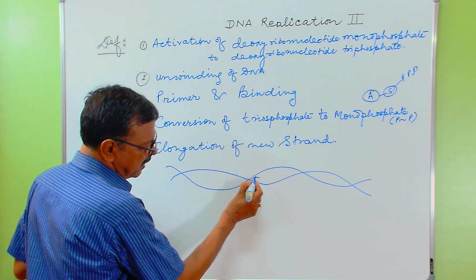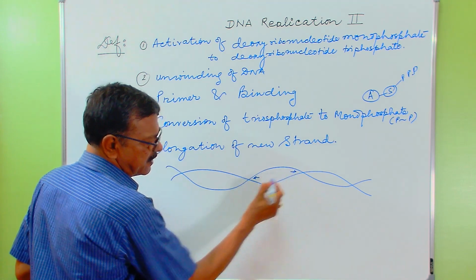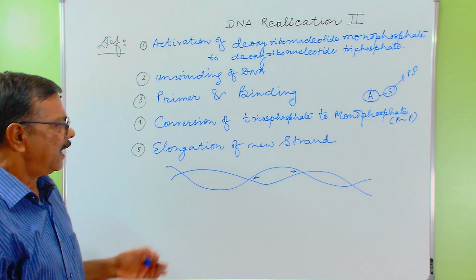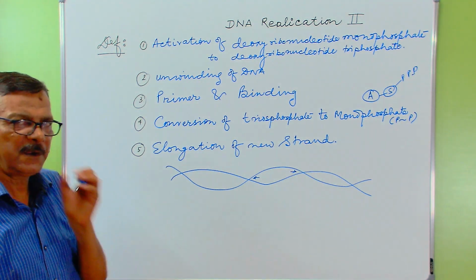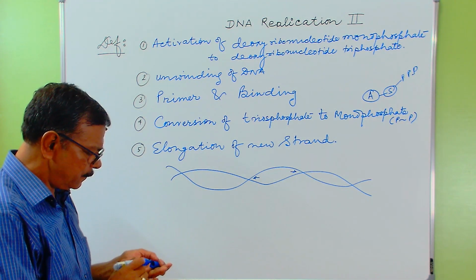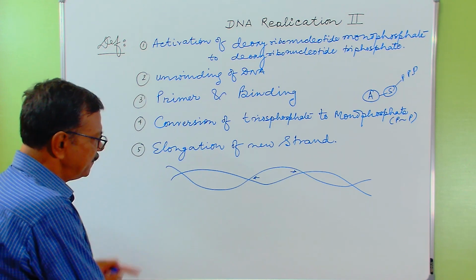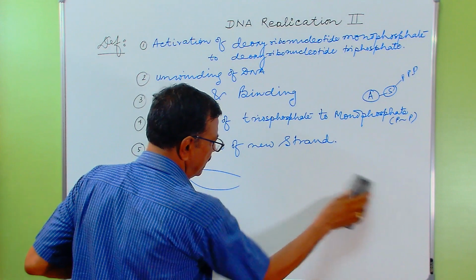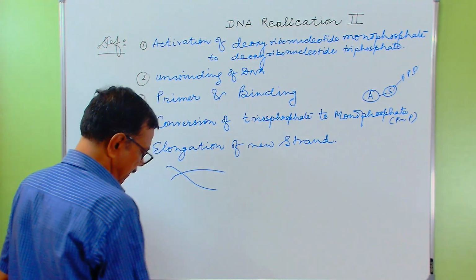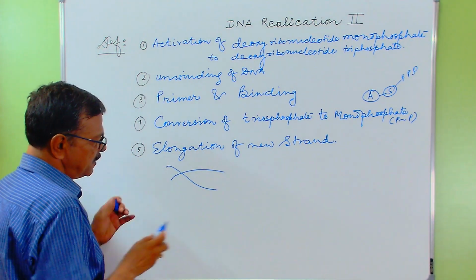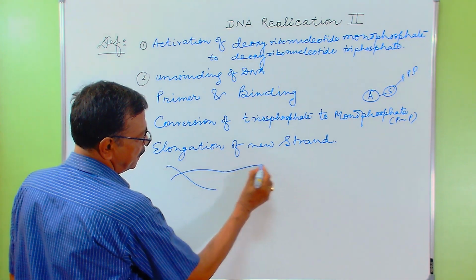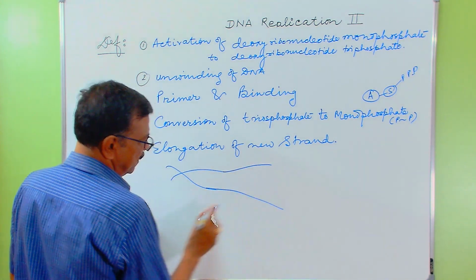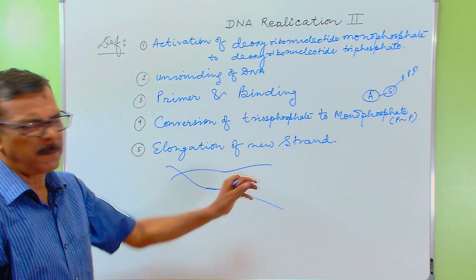It is bidirectional. Here also it can start. In bacteria and others, they are unidirectional. Now, if this bubble forms a fork, in case of elongation, I am telling, this forms a replication fork. Replication fork is fork shaped.